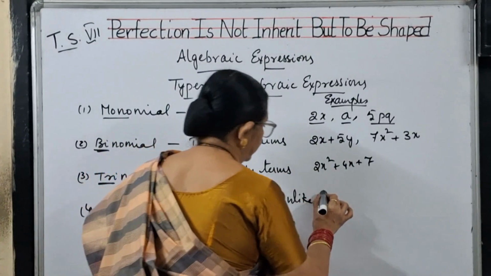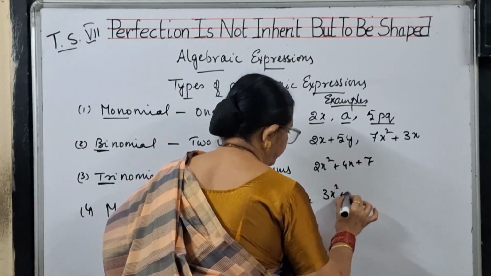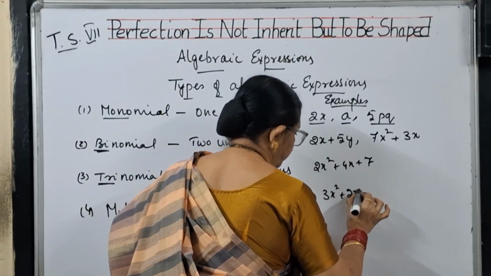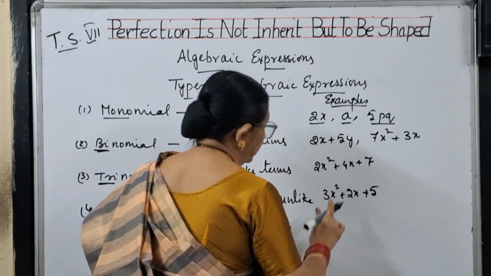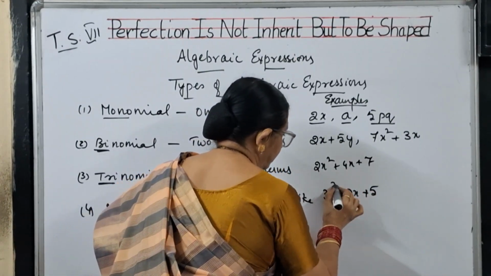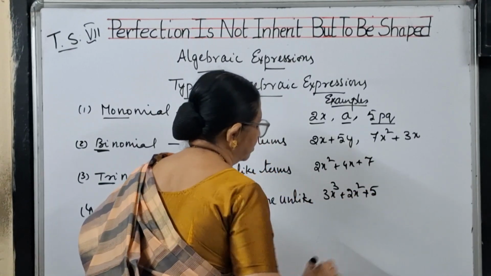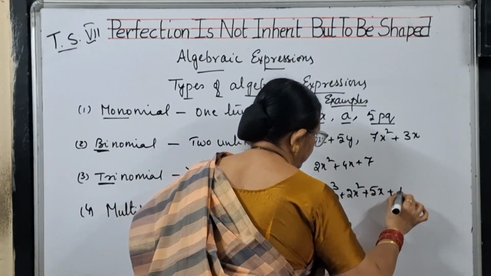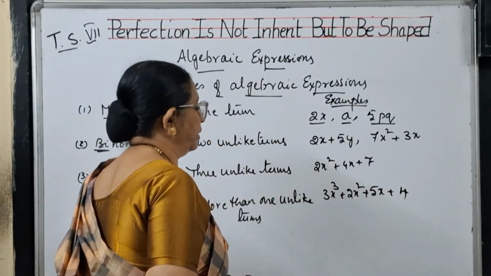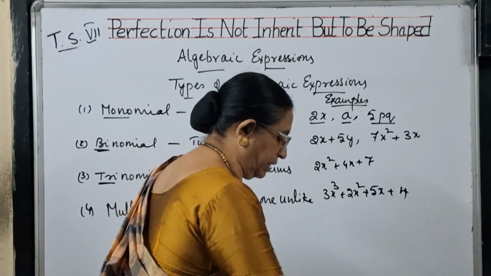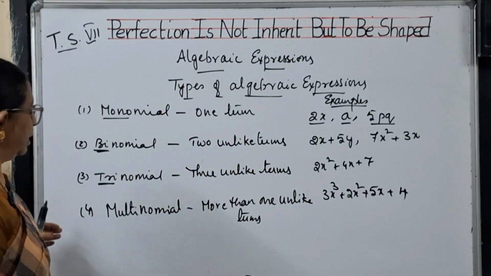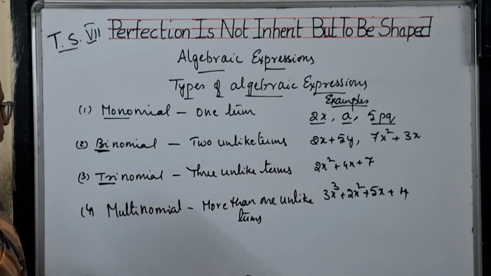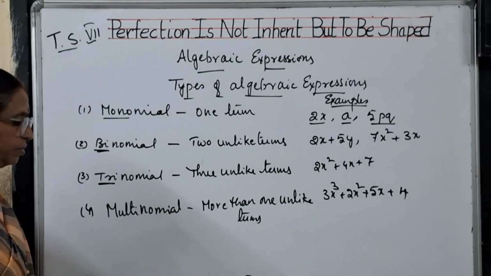So you can write 3x cube plus 2x square plus 5x plus 4. You can call it a multinomial. So these are the different expressions, children. Please write this down.